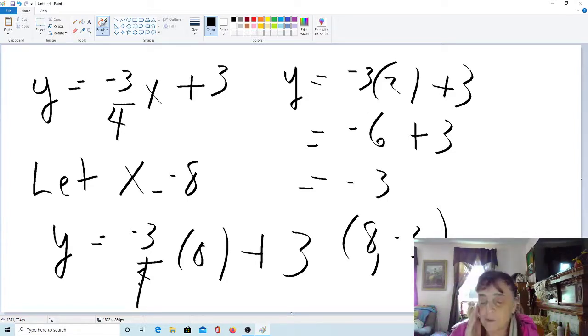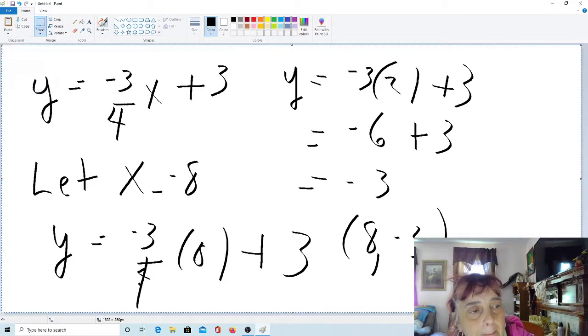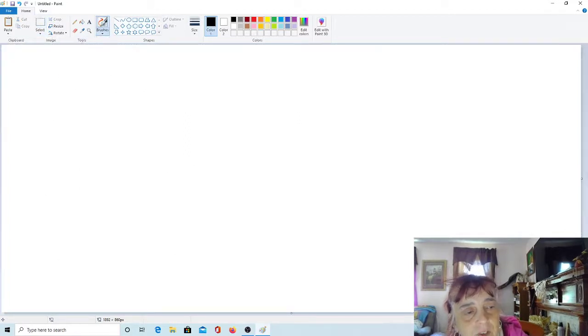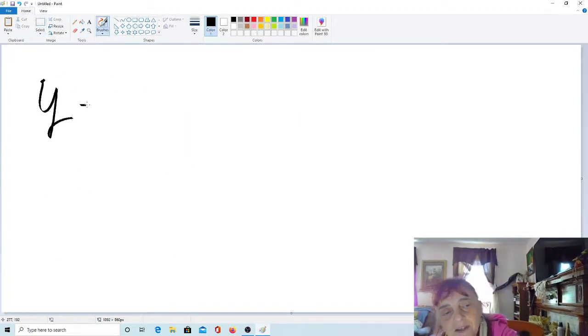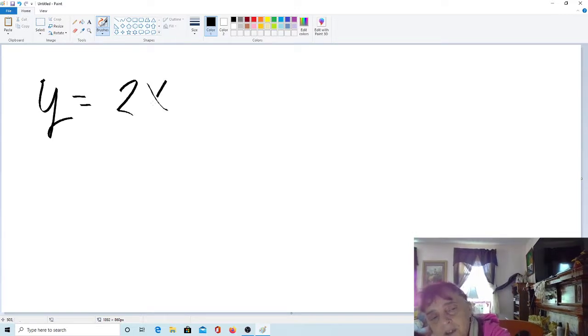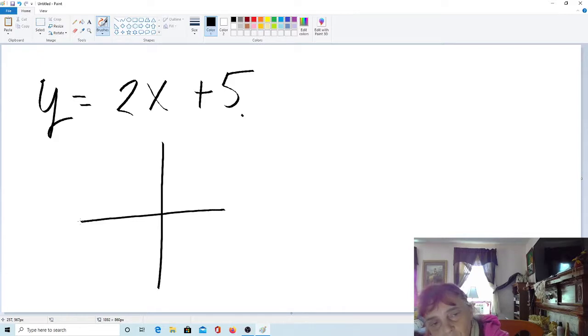So we've talked about different ways you can graph a line. Say you have y is 2x plus 5. Okay, you know this point right here is slope-intercept form. X is 0 when y is 5. So 1, 2, 3, 4, 5.